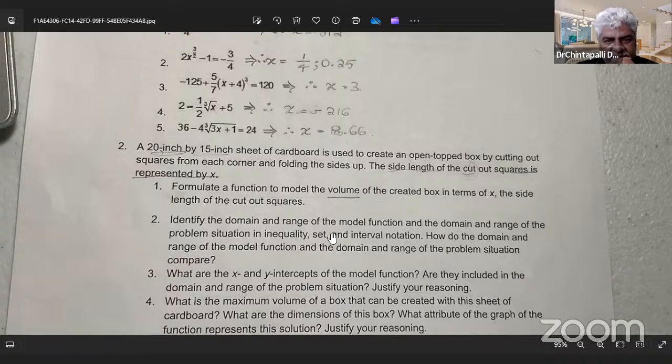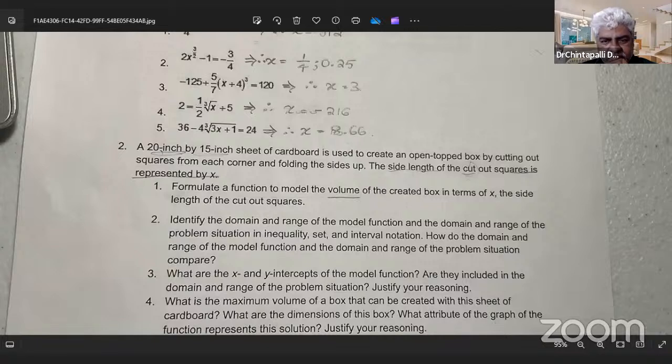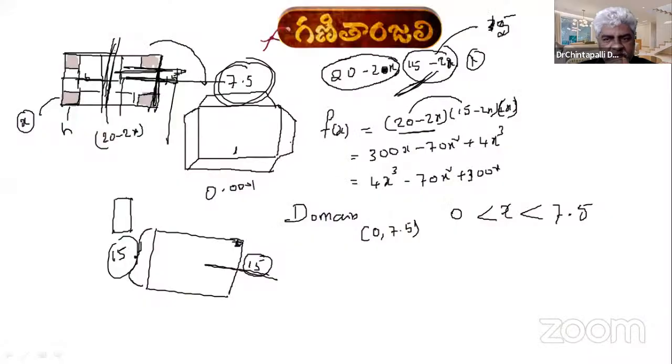First, it asks for set and inequality. Inequality means 0 less than x less than 7.5.